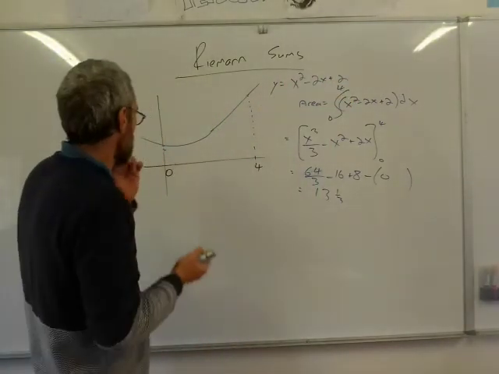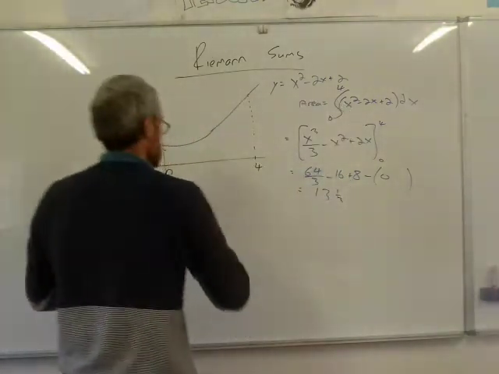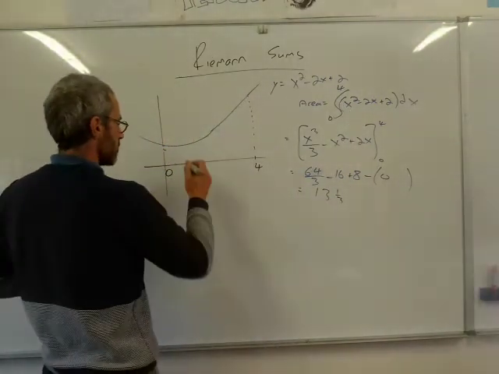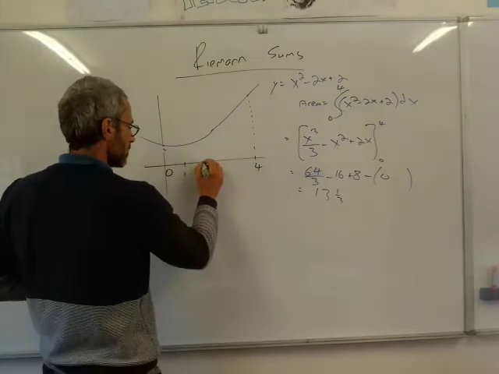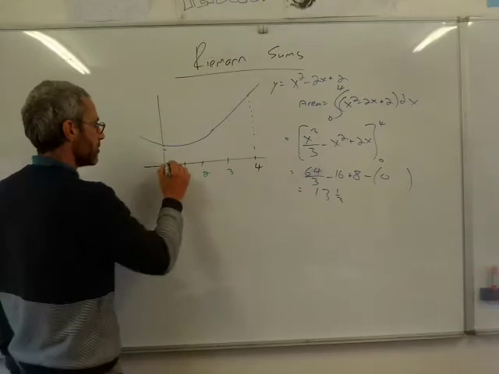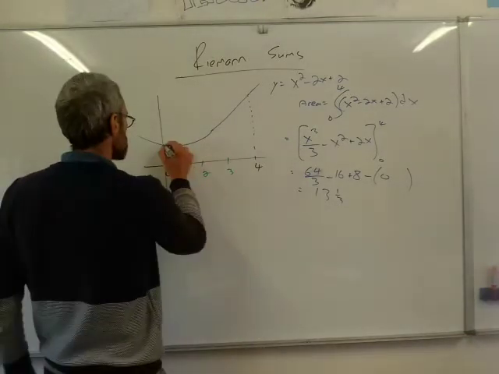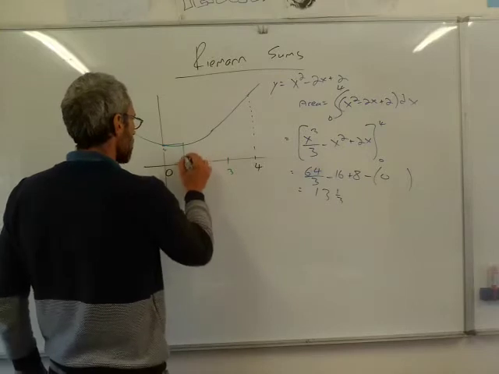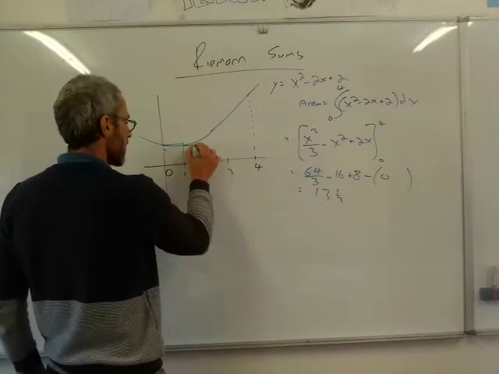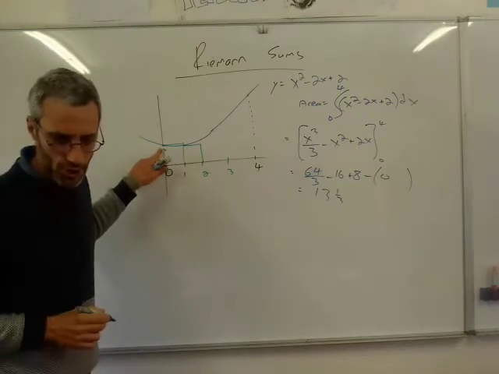So what he said was, look, what I can do is divide this area between 0 and 4. I'm going to say 1, 2, 3, and 4. And I'm going to create these blocks, where the blocks have the value of the function.